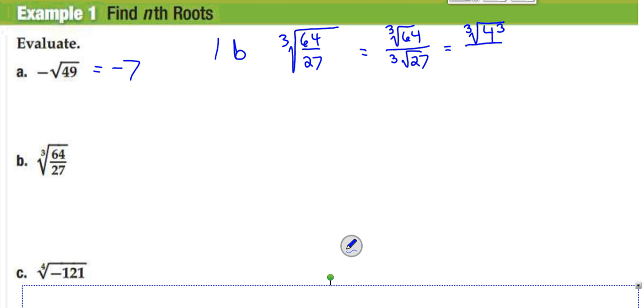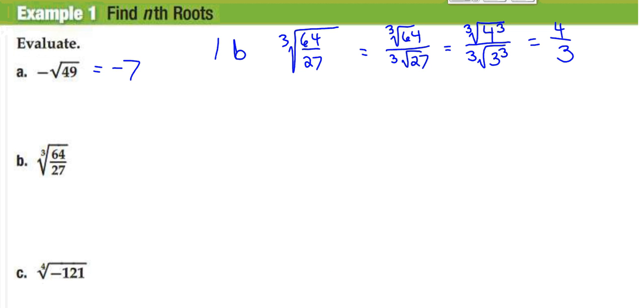Okay, and then the cube root of 27 is what to the what? 3 to the 3rd. I should redo this problem later. So the cube root of 4 to the 3rd is just what? 4. I'll just write it here. And the cube root of 3 to the 3rd is 3. So it's 4/3.